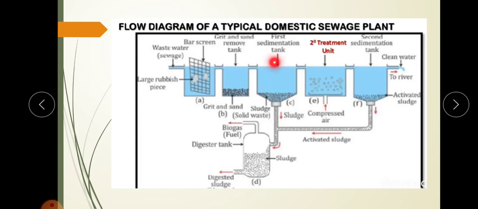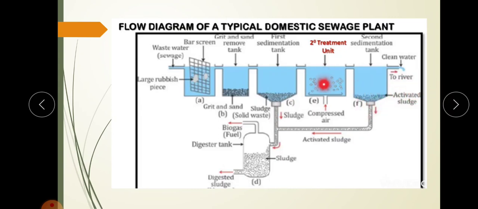So sedimentation before the biological process is known as primary sedimentation, and the sedimentation after the biological process is known as secondary sedimentation. The particles settled in the first sedimentation tank are known as sludge, and the particles settled in the secondary sedimentation unit are known as activated sludge.